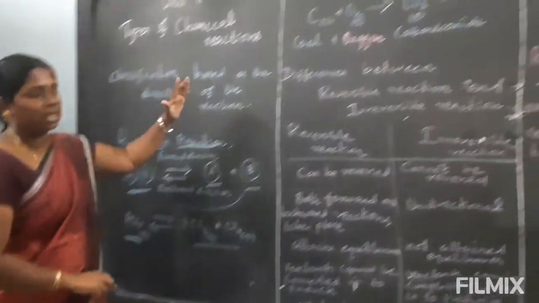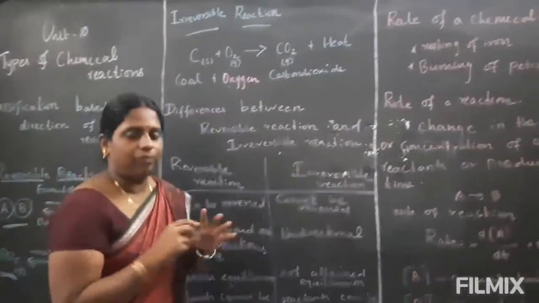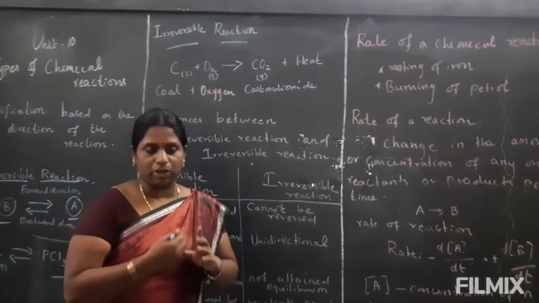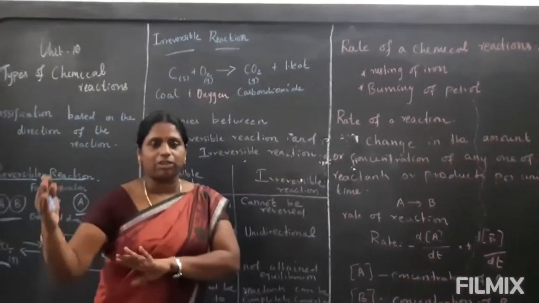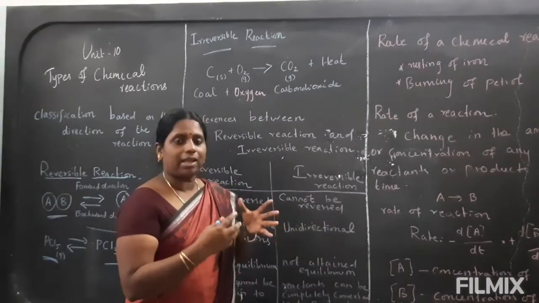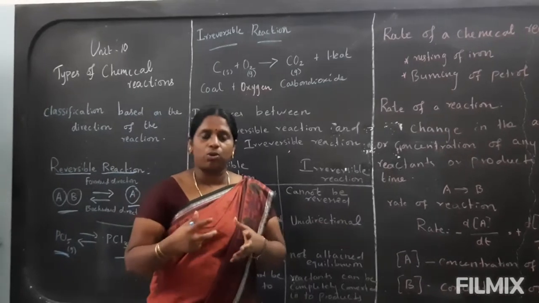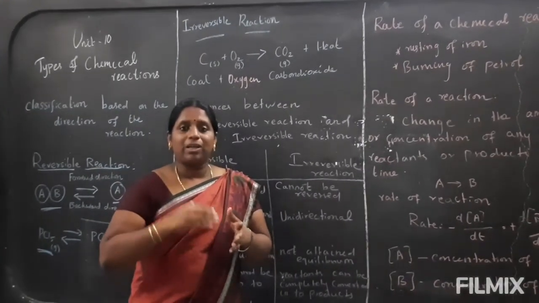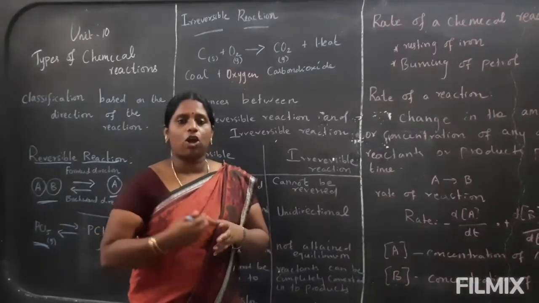If you go to the irreversible reaction, most chemical reactions are irreversible because once the reactant is converted into product, it never comes back to the reactant position. Let me see an example. If you take wood or coal and burn it, it reacts with oxygen to form carbon dioxide.